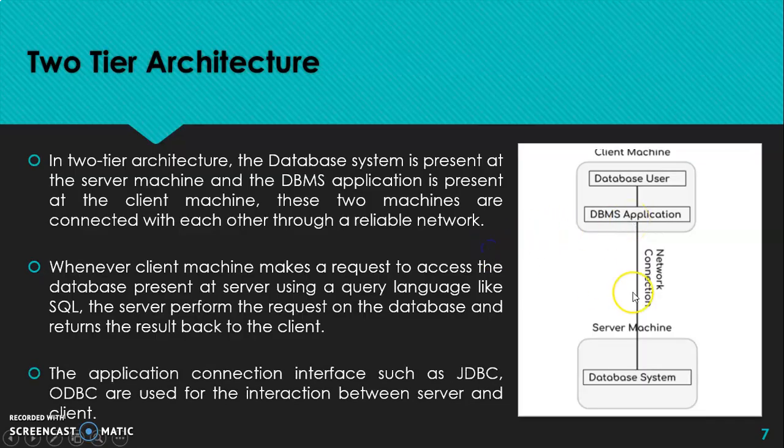Application connection interfaces such as JDBC and ODBC are used for interaction between the server and client. JDBC is Java database connectivity and ODBC is open database connectivity, which can be used for connecting the database application and the server.